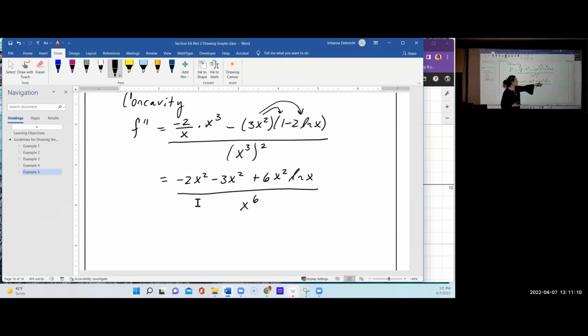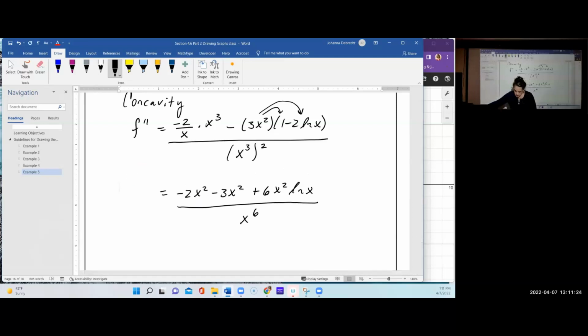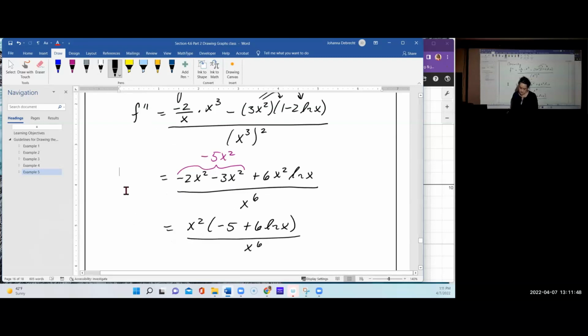Now notice that the numerator, all 3 terms, have a common factor of x squared. And the negative 2x squared minus 3x squared, I can actually combine into negative 5x squared. Then I can take out the x squared, and that will give me x squared times negative 5 plus 6 natural log of x, all divided by x to the 6th.